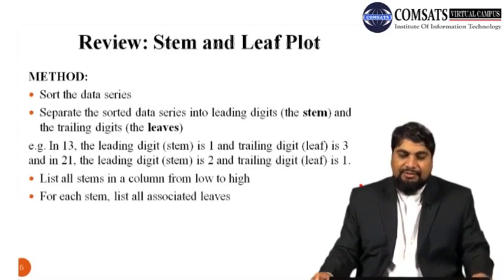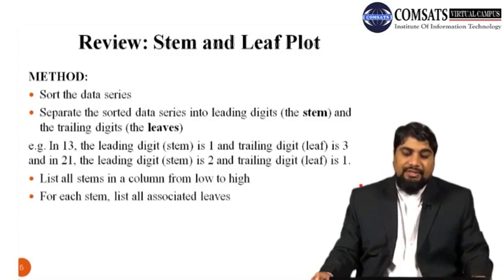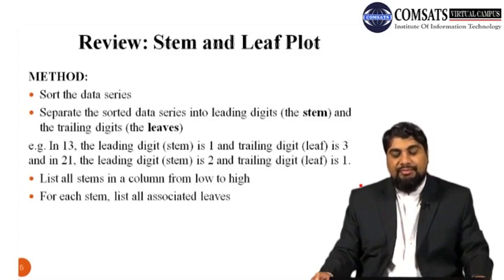An example: in number 13 the leading digit is 1, which will be the stem in our case, and the trailing digit is 3, which is the leaf. Similarly in number 21 the leading digit is 2, which is the stem, and the trailing digit is 1, which is the leaf. Next step is to list all the stems in a column from low to high.